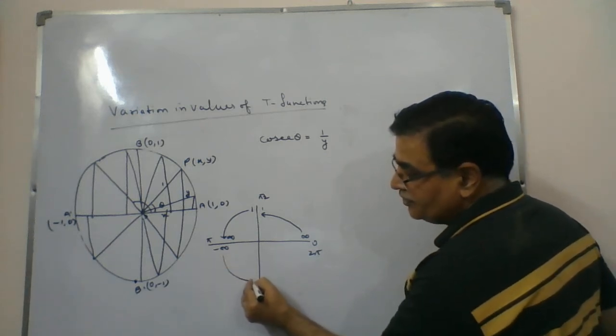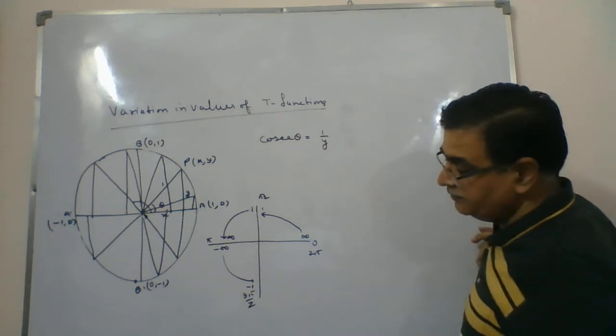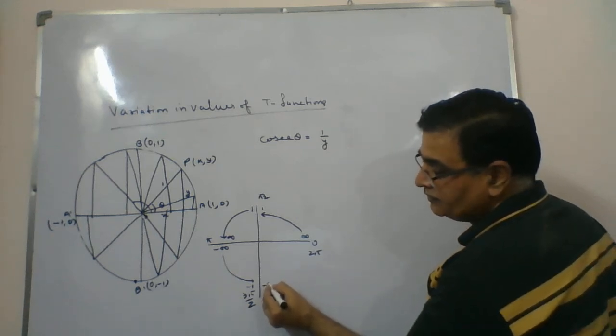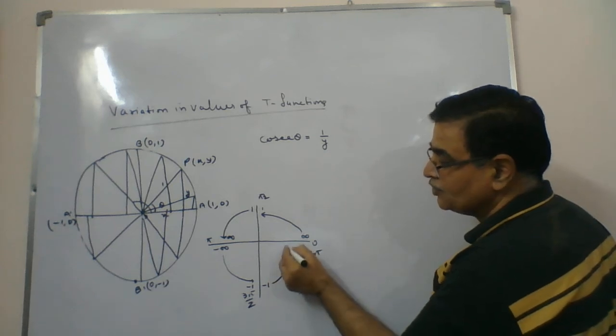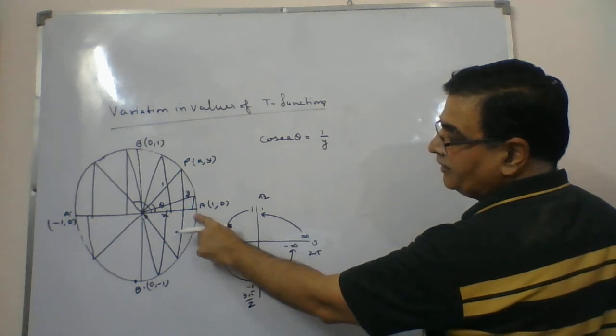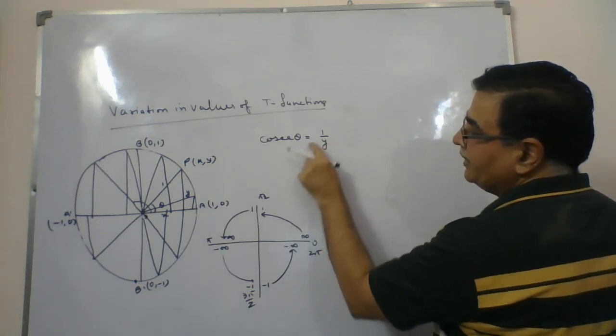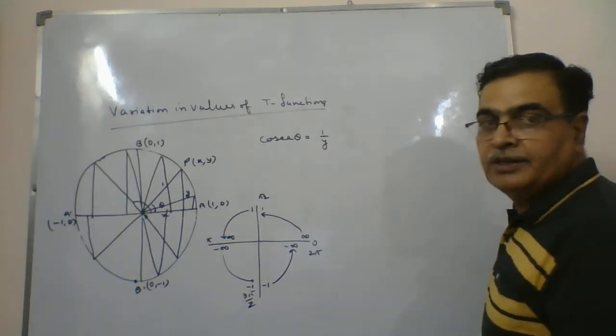And here it will reach -1. This quadrant also still y is -1, so it will remain -1, and here it reaches minus infinity, because here it will be 0 but on the negative side. So y is negative in this quadrant, so it will come out to be -1.